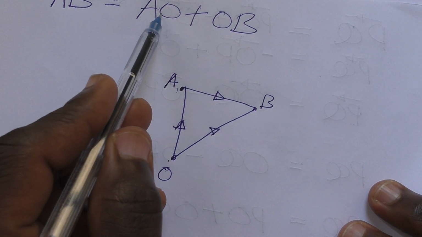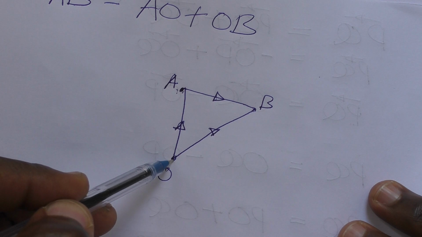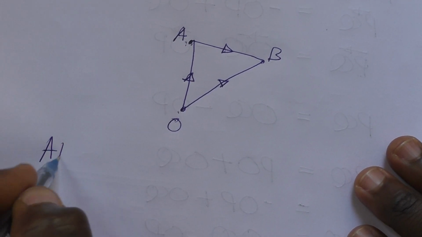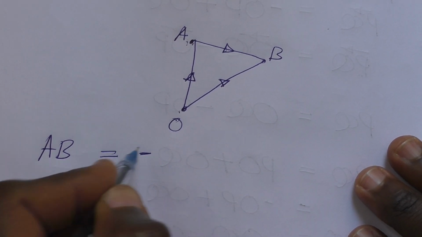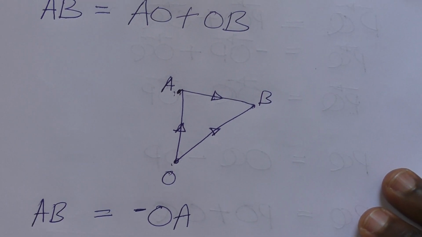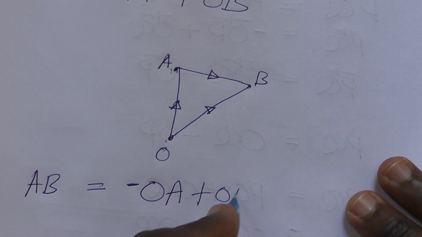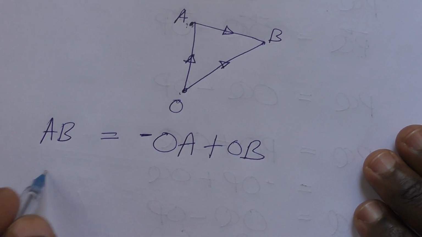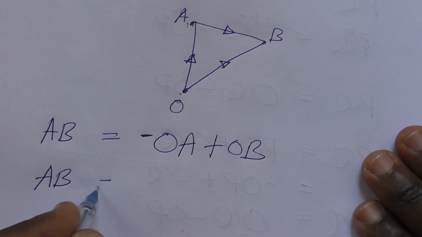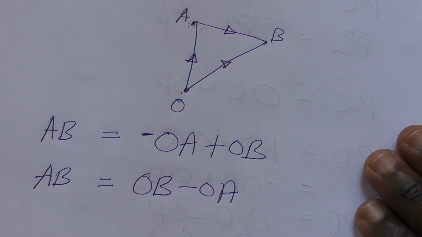So for us to get AO, we shall be reversing the direction, and therefore we say AB equals negative OA because we have reversed to get AO, plus OB, which gives us AB as OB minus OA.